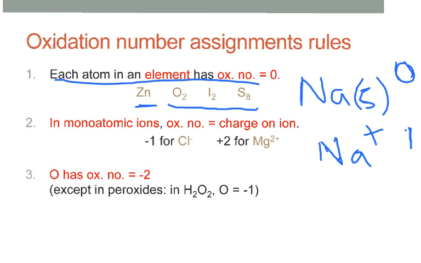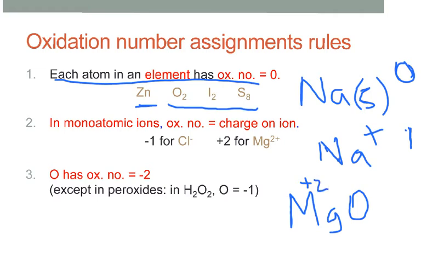So let's look at an example of how we would assign oxidation numbers. And remember, you have to know the oxidation number because that's going to tell you what's the electron donor and what's the electron acceptor in a particular reaction. So let's look at this compound. It's magnesium oxide. If we were assigning the oxidation numbers of magnesium and oxygen here, magnesium has a +2, right?